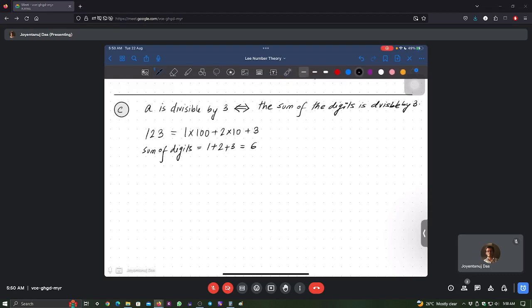I was thinking we can generalize, instead of 1, 2, 3, we would use ABC. Yes, we'll see the generalization. But just tell me for 123.